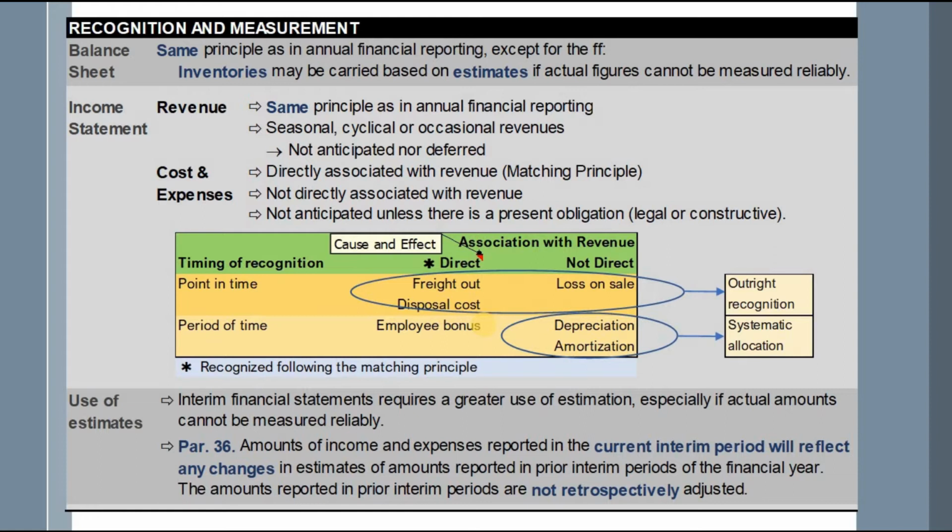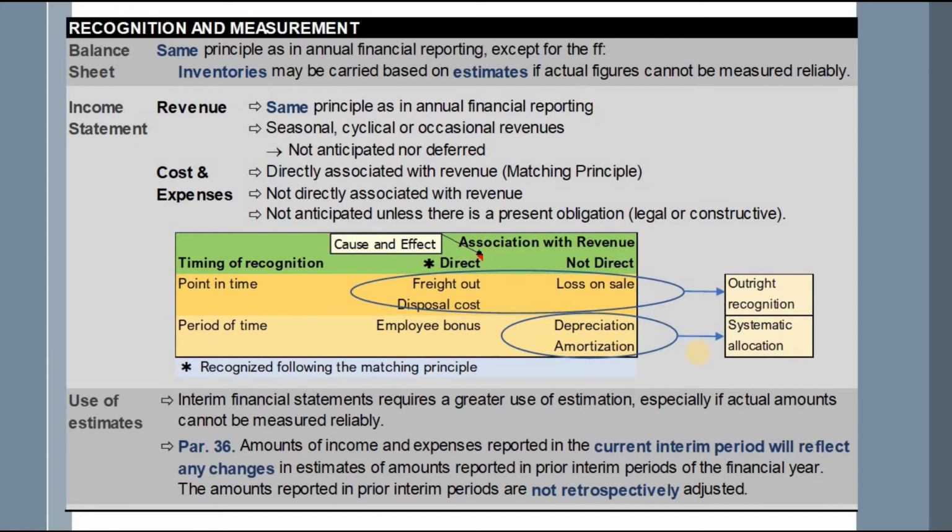Then, for the expenses that are not directly associated with a revenue, one example is loss on sale or depreciation or amortization. So for depreciation or amortization, sometimes these can be related to a revenue, but there are also times that these are not related to a specific revenue, especially if the depreciation or amortization is related to the admin function of the entity.